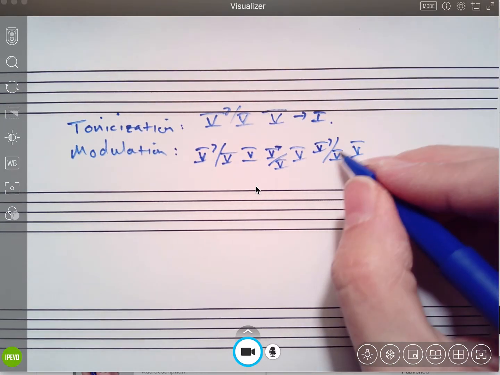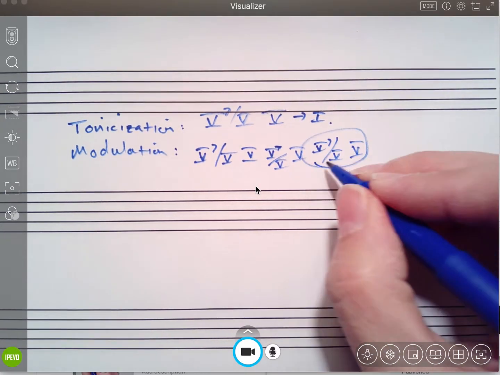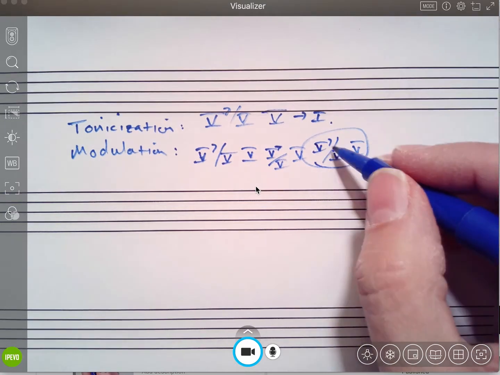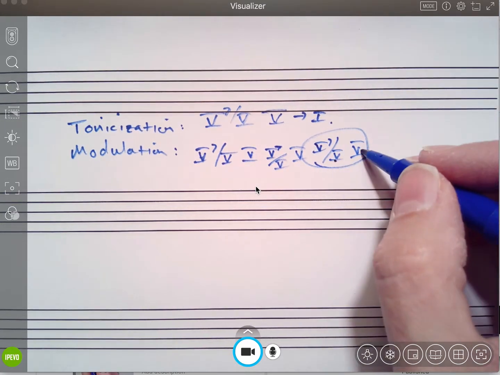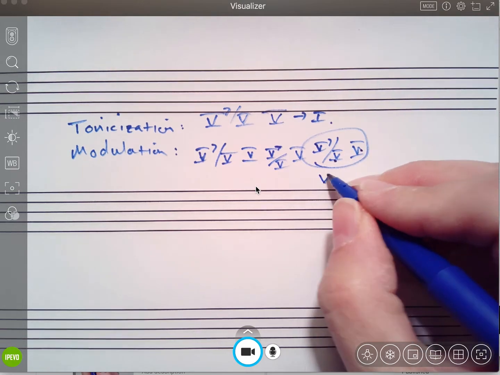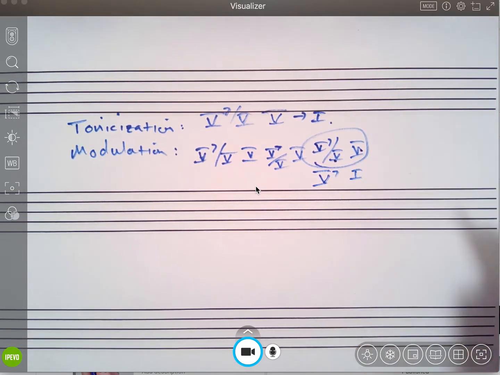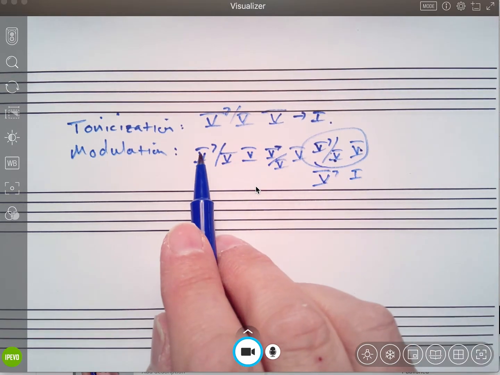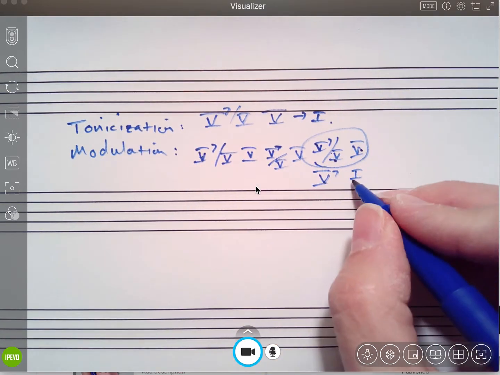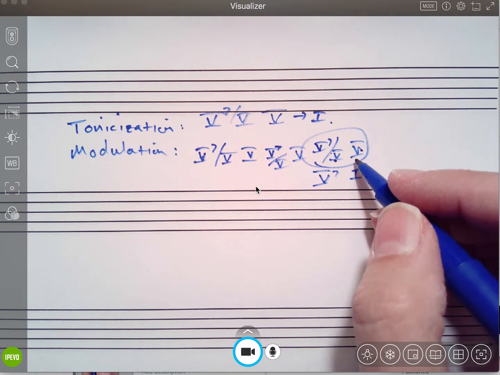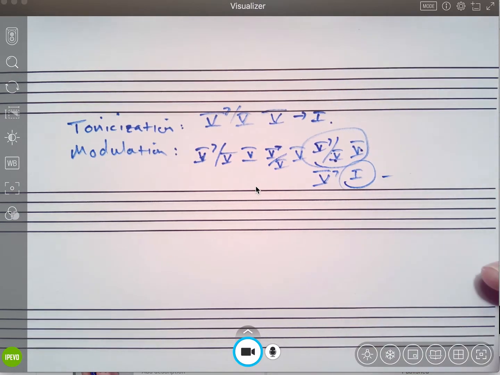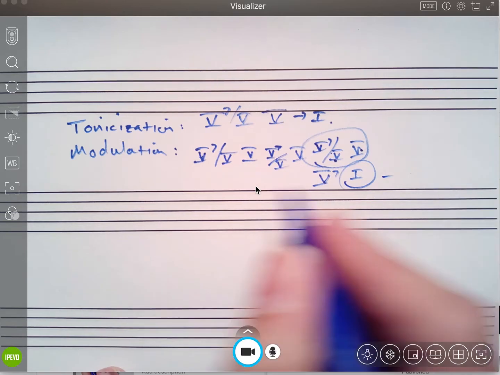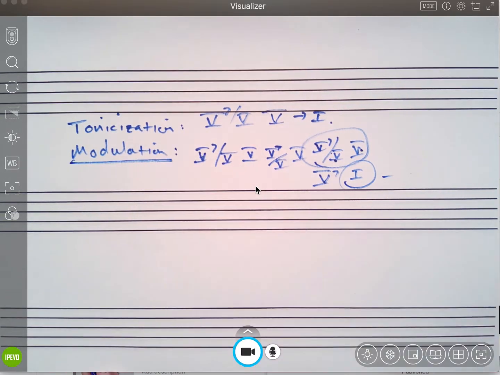At this point, this is no longer going to sound like 5-7 of 5 going to 5. It's actually going to sound like 5-7 going to 1. This repeated tonicization has actually redefined what we hear as tonic, and now we have modulated to a new key.